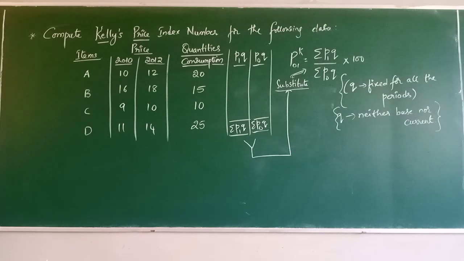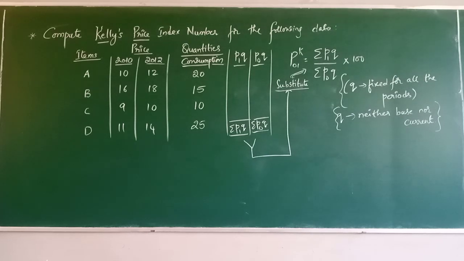And for the quantities consumption, they did not mention any year, just observe. That is the only hint that in Kelly's index number only Q should be taken. It is neither 2010 nor 2012; they have taken common, fixed consumptions for both the periods. So Q: 20, 15, 10, 25 they have given.